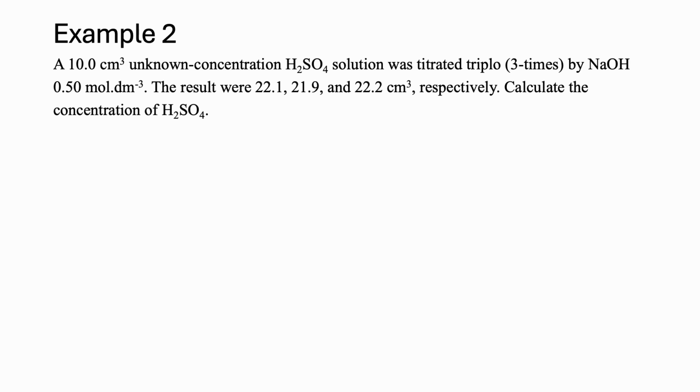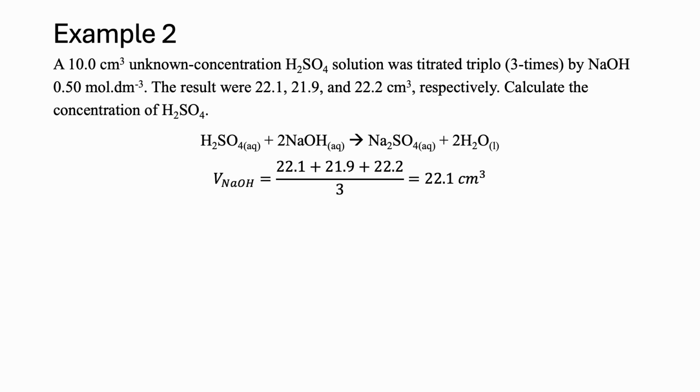Calculate the concentration of H2SO4. Okay, first we construct the chemical equation and balance it. So this is the balanced chemical equation: H2SO4 plus 2 NaOH forms Na2SO4 plus 2 H2O. So the volume of NaOH is calculated as the average, so it would be 22.1 cm³.